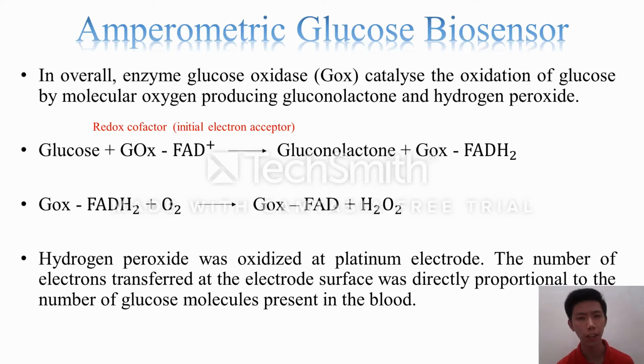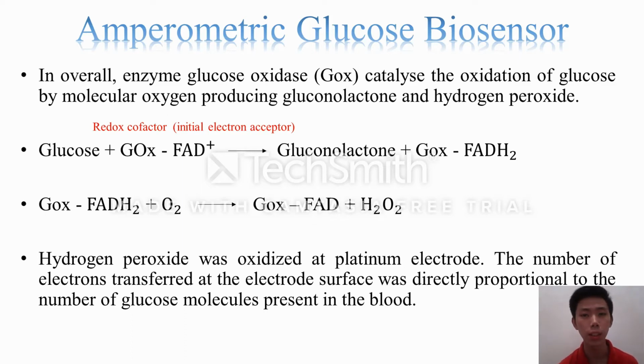There are two types of reactions involved in this glucose biosensor. The first one is the reaction of glucose with the enzyme, but before that, the glucose oxidase requires a redox cofactor to act as an initial electron acceptor, that is flavin adenine dinucleotide.